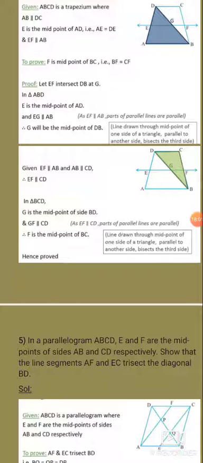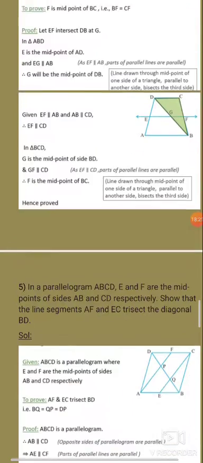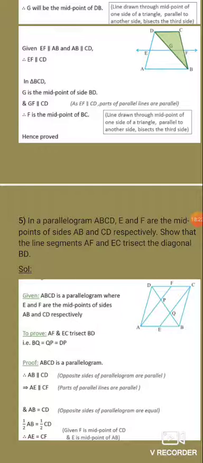So as EF is parallel to CD, parts of the parallel lines are parallel. So using that we can write in this way. Therefore F is the midpoint of BC. That is, a line drawn through the midpoint of one side of the triangle parallel to another side bisects the third side. Now thus we prove F is the midpoint of what?